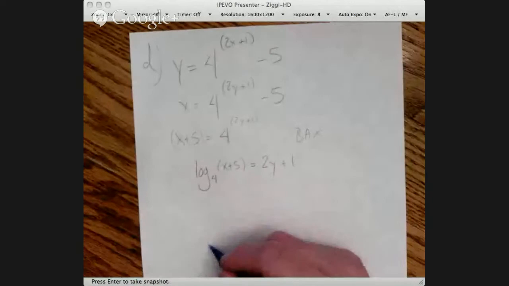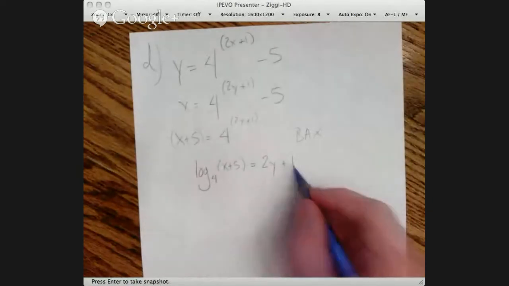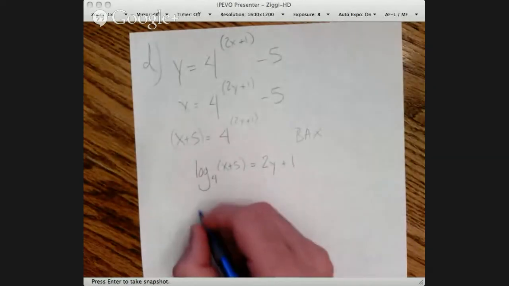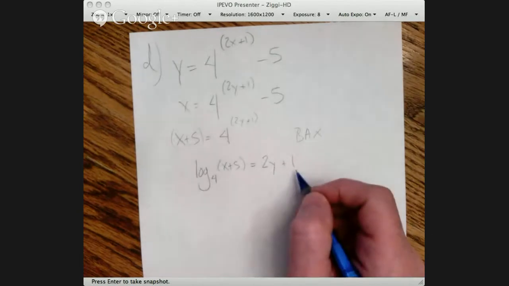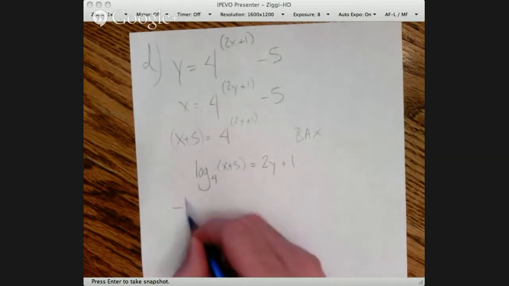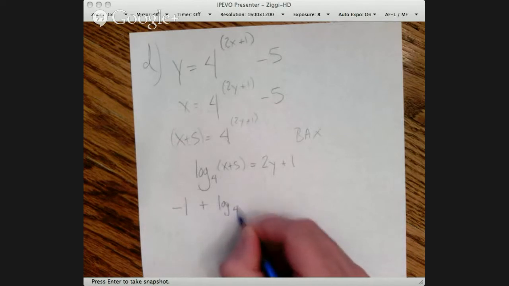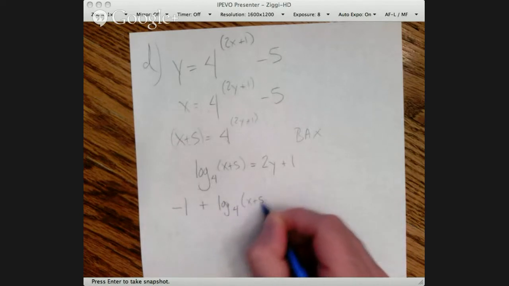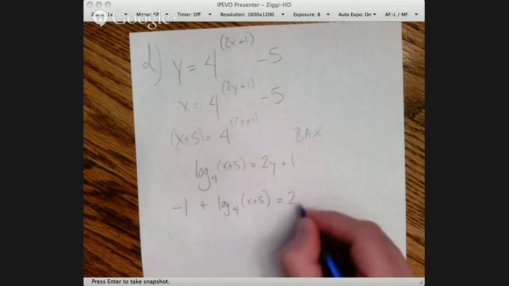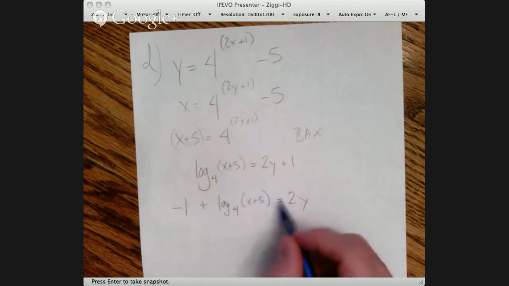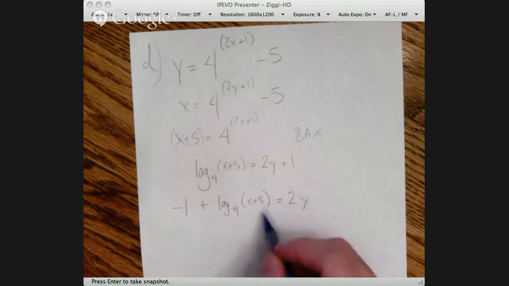So I'm going to take this 1, bring it over to the other side. But just to be safe, I'll show you what I'm going to do. I'm going to put the -1 plus log base 4 of x plus 5. And the reason I'm going to do that is because if I include this -1 afterwards, sometimes there's a confusion as to where stuff is coming from.